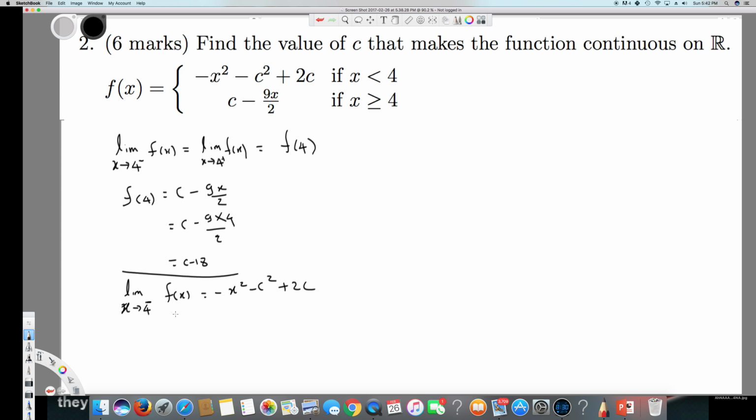Now I can plug in the value for x. It's going to be minus 4 squared minus c squared plus 2c. So 4 squared is 16, minus c squared remains the same, plus 2c, right? So this is the equation when x approaches 4 from the left hand side.